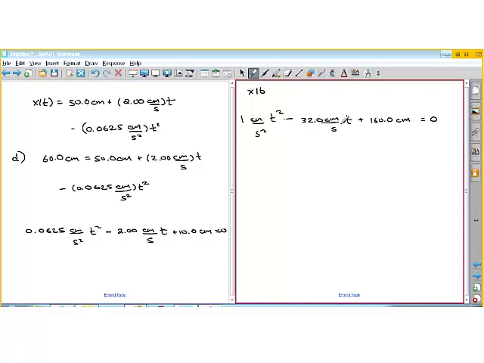Okay, so now the question is, how do I factor that? I don't know if you can actually do it. You're going to get two positive solutions because it's going to move from left to right, go through that position, go to its maximum extent, and come back. So we're going to have two solutions, both positive.